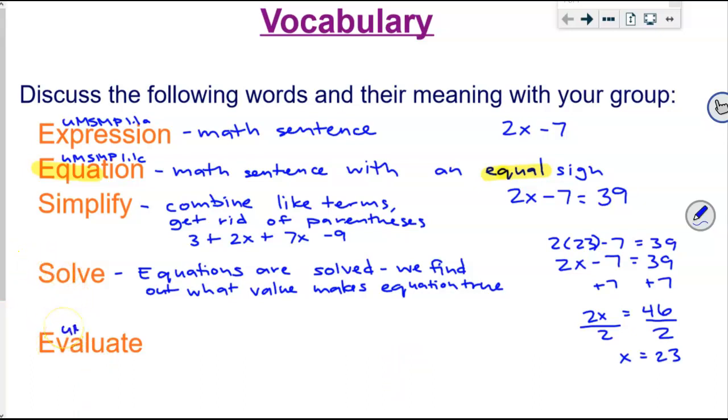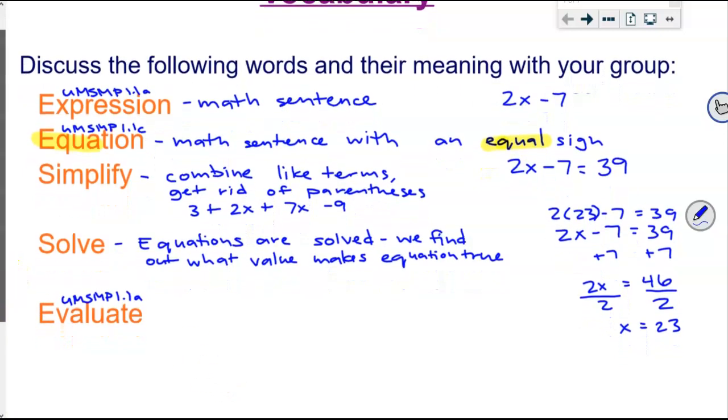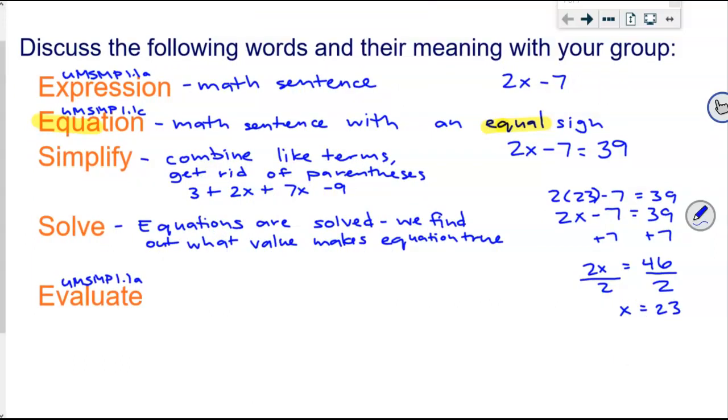And evaluate. We also talked about evaluate in 1.1a. Who knows what evaluate means? Only one hand for this one. Okay, Dakota. Not quite. Again, you're not wrong, but you're not really telling me what evaluate means.